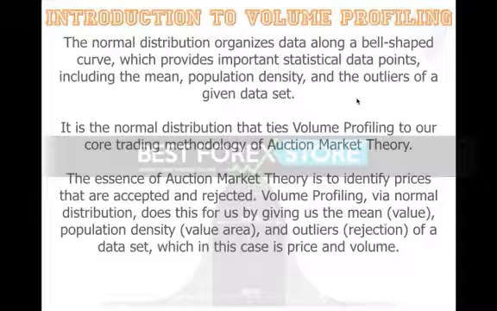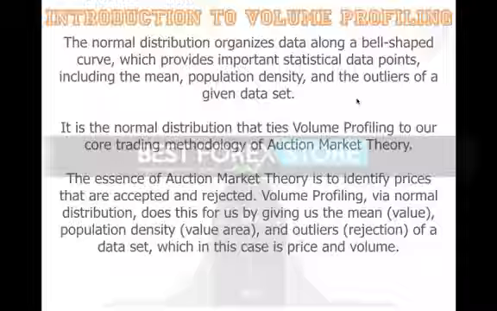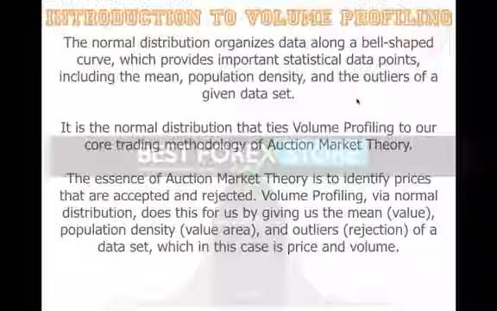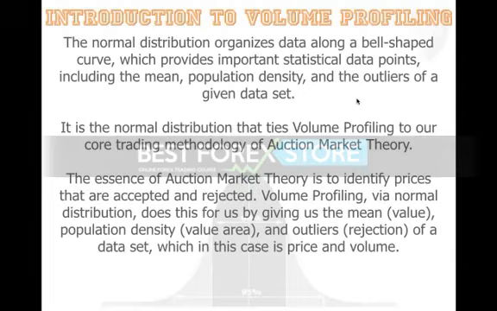Volume profiling does this for us by giving us the mean, which is value, the population density, which is our value area, and outliers, which is rejection points of any given data set, which in this case is price and volume. So in essence, what we studied with regards to auction market theory is illustrated and conveyed perfectly and beautifully through the volume profile. And this is all possible via that normal distribution.